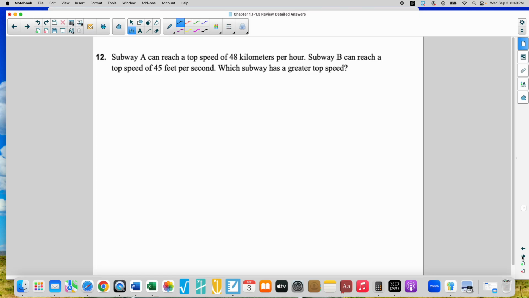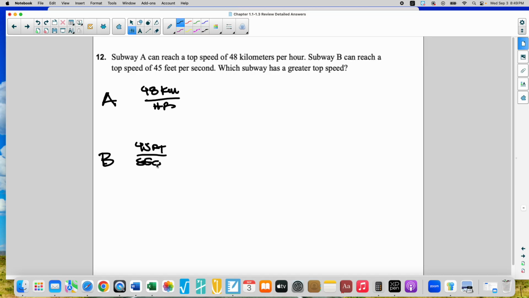Subway A reaches a top speed of 48 kilometers per hour. Subway B can reach a top speed of 45 feet per second. Which subway has a greater top speed? So A is 48 kilometers per hour, and B is 45 feet per second.